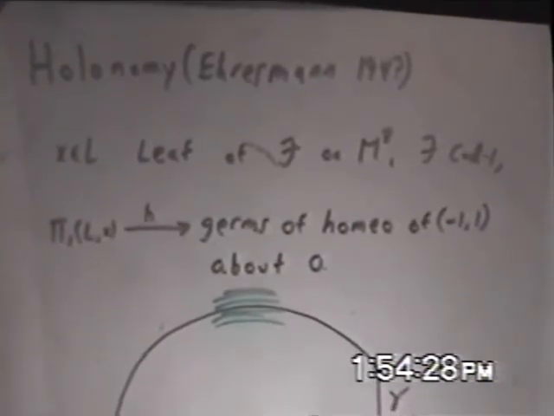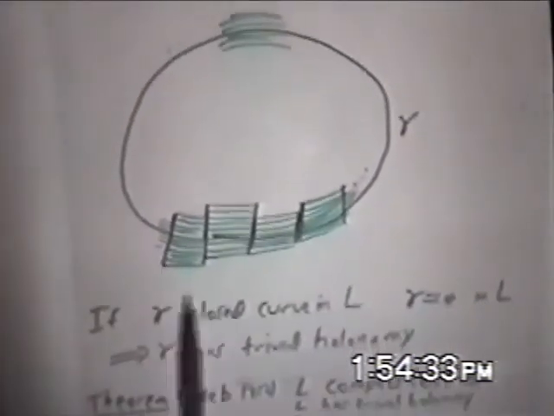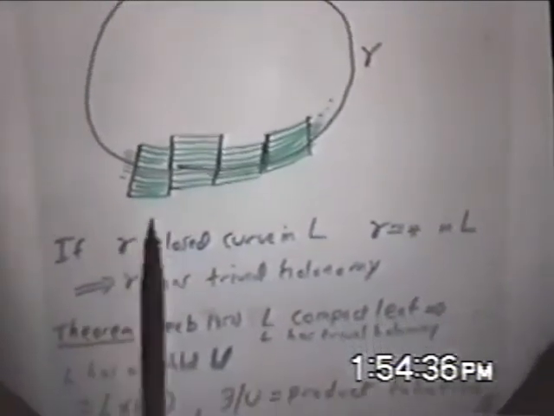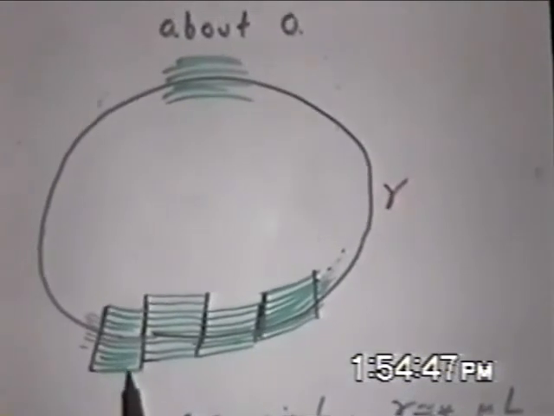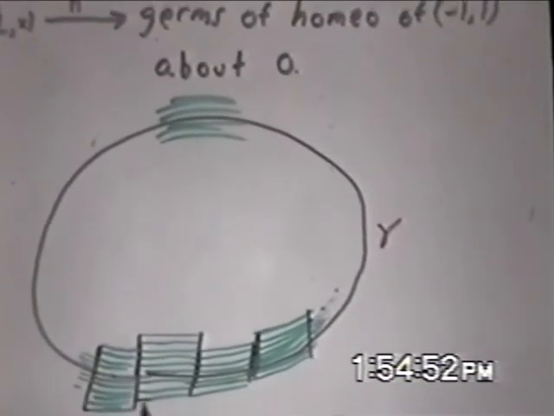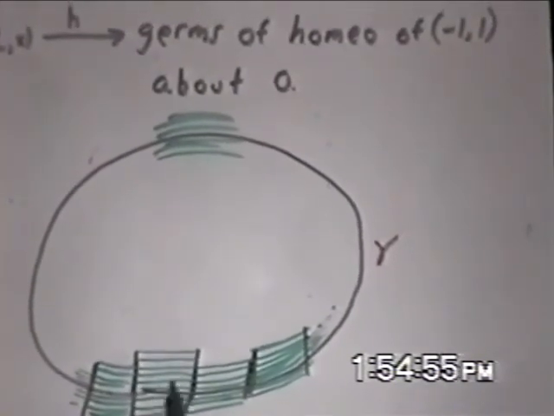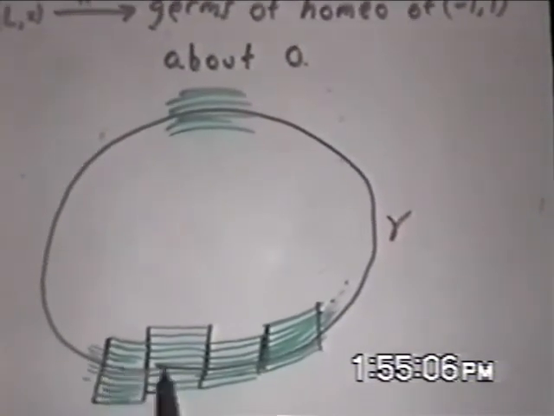Now, I'm drawing this as a two-dimensional picture, but you can imagine you have a one-dimensional foliation of, say, a surface, and you cross this with an interval to get a picture. Here's a little point on this curve, and there's a foliation, so there's a nice little chart here by these little intervals, and this curve is compact, so a finite number of charts cover a neighborhood.